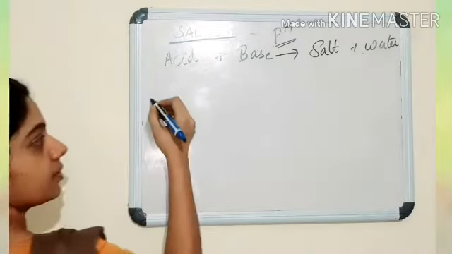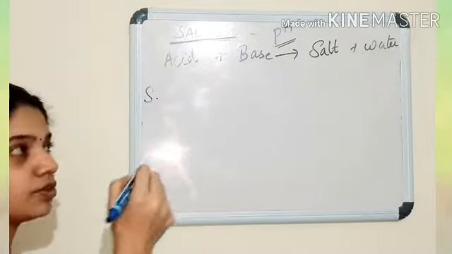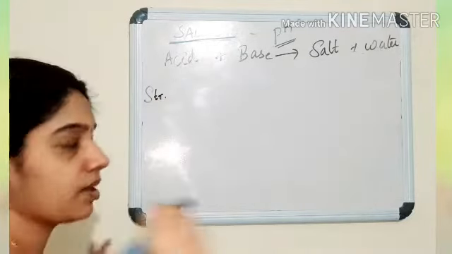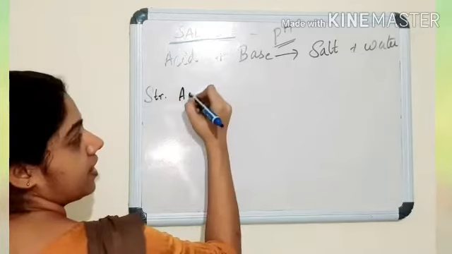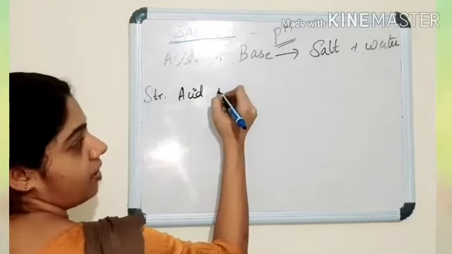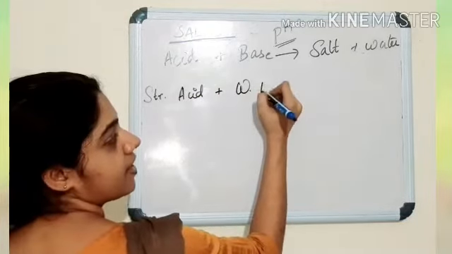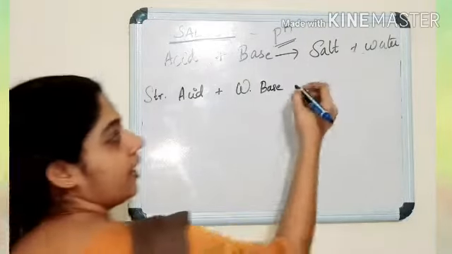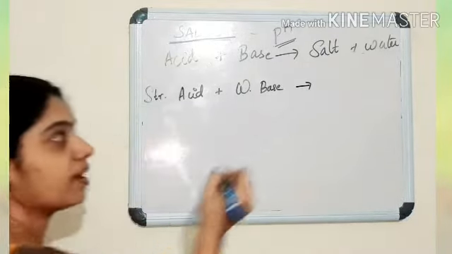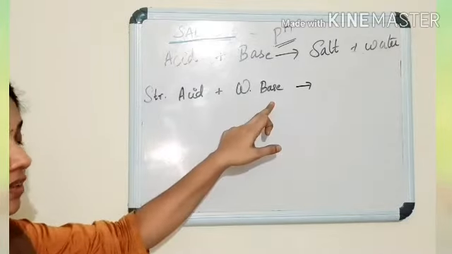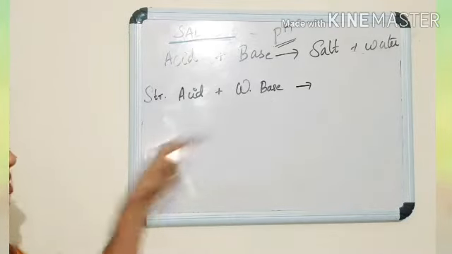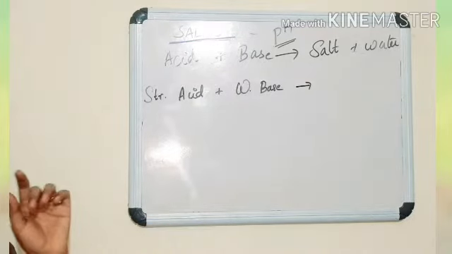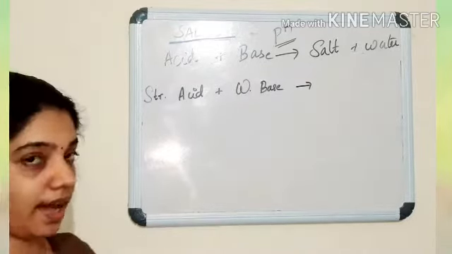Suppose we are using a strong acid. In order to indicate strong, I am just writing STR, strong. If that salt is produced from a strong acid and a weak base, again weak I am denoting as just a W, then the salt which is produced from a strong acid and a weak base, whichever is the stronger one, that salt also will be showing that stronger solution's character.